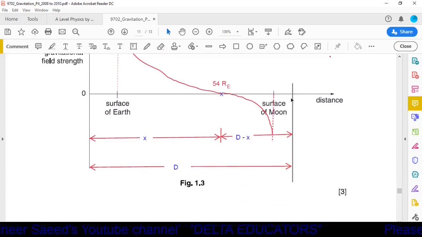Okay, suppose it is center of the Moon and it is center of the Earth. Now from center of the Earth to the point where the gravitational field is 0 is equal to x. The distance between the center of the Earth and center of the Moon is given as D. So the distance from center of the Moon to the point where the gravitational field is 0 will be equal to D minus x. This distance will be the difference of these two distances.